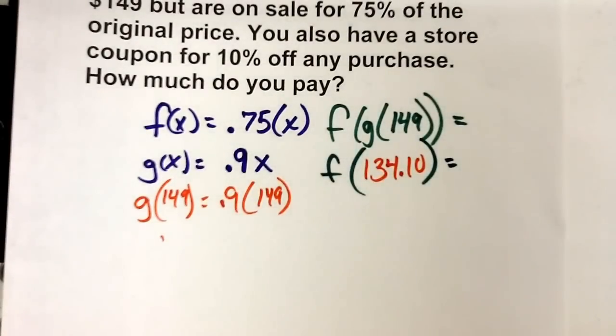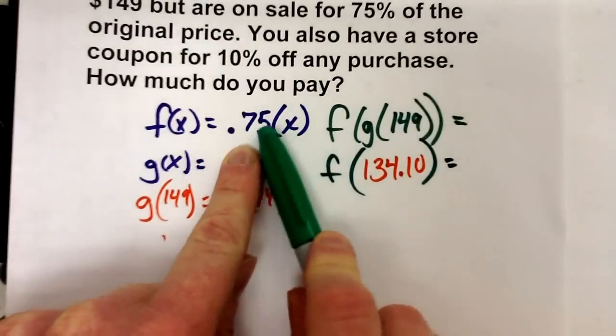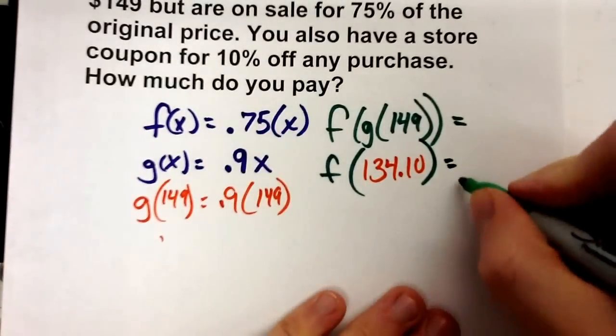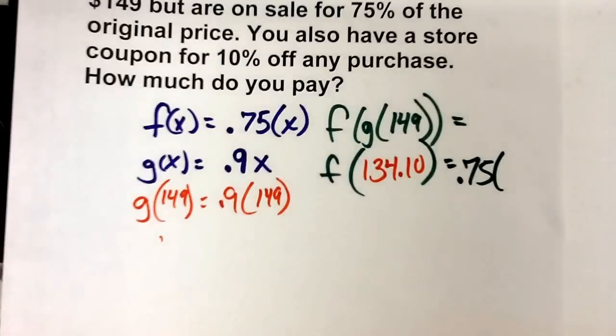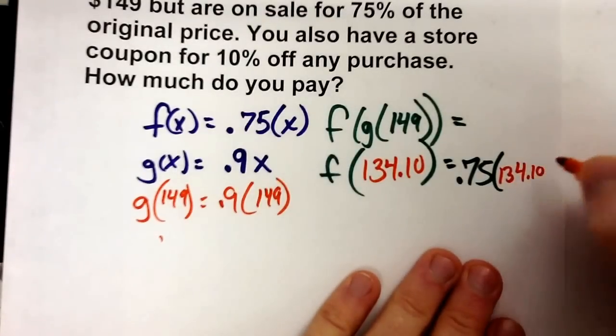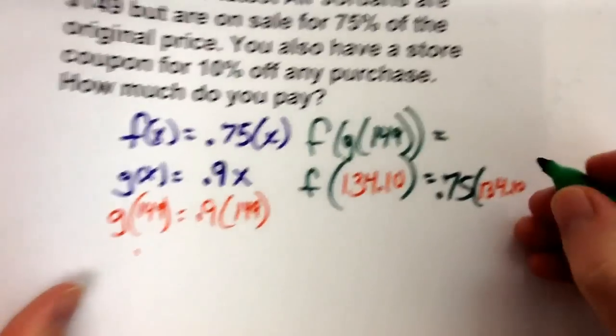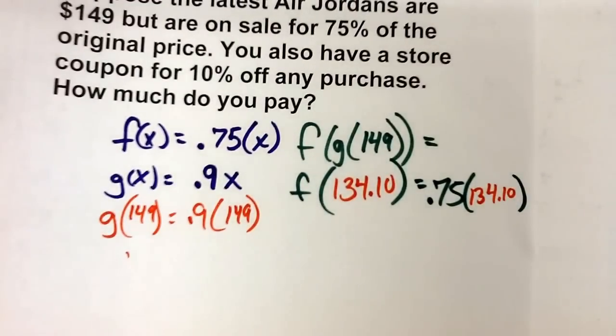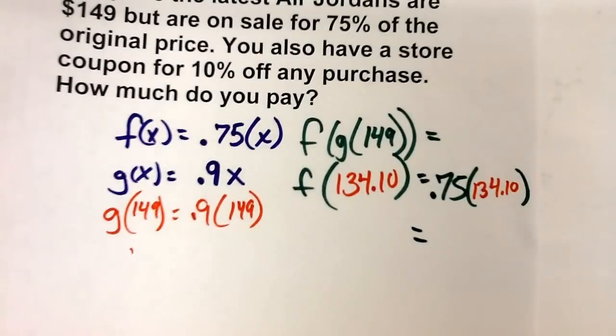And we still need to find f of that. Well, f is 75%, or 0.75 times x. So 0.75 times what I just found for x, 134.10. Let's figure that part out, and that'll be what I pay.